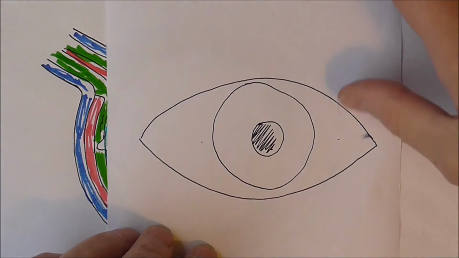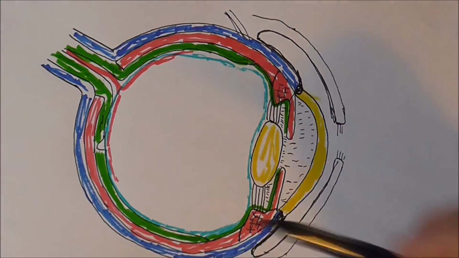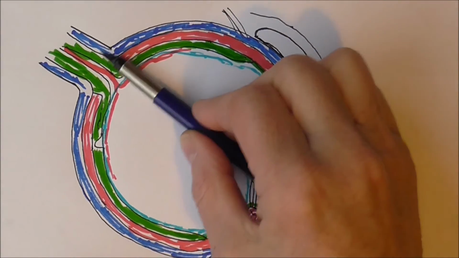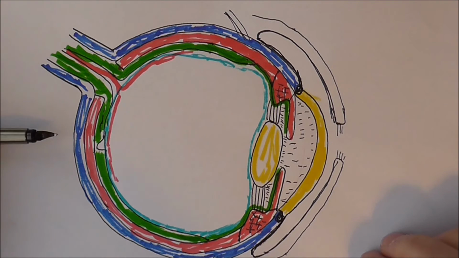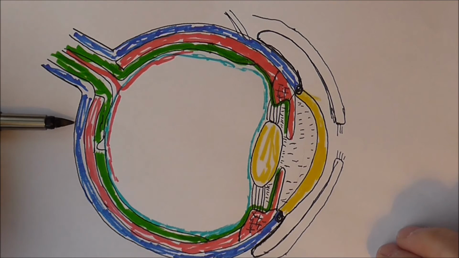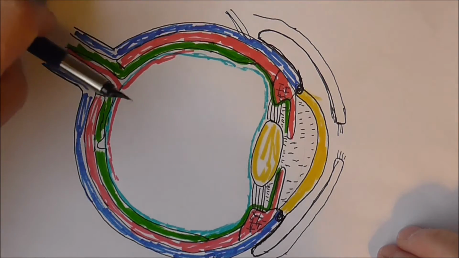Now at the back it's pierced by blood vessels, and of course we have the optic nerve going in here. But there are also blood vessels that pierce the sclera, because we need the blood vessels to go through the outer sclera in order to get to the vascular layer, in order to get to the choroid.